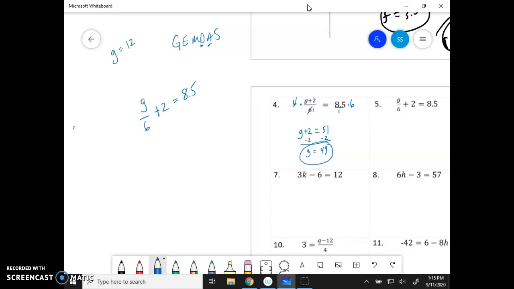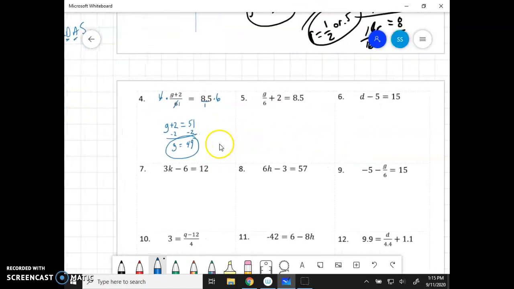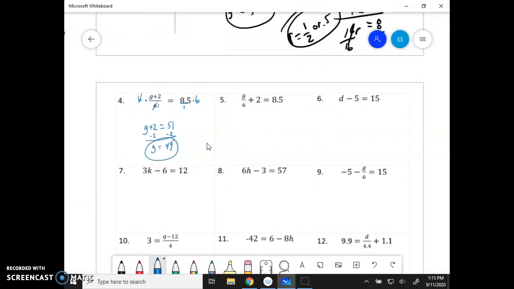So when we undo these operations, we want to work backwards. Hopefully that makes sense, the difference between the two types of problems that you're going to see on the test. So for this one, I want to subtract 2 on both sides first, and I'm going to be left with g over 6 on the one side and 6.5 on the other side.